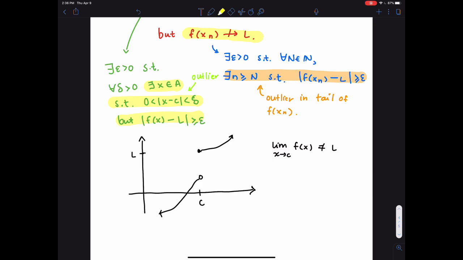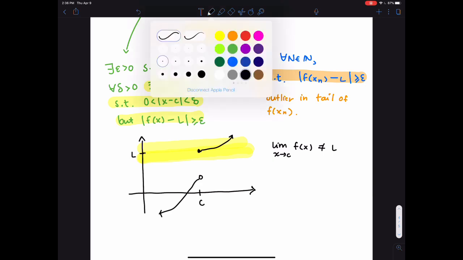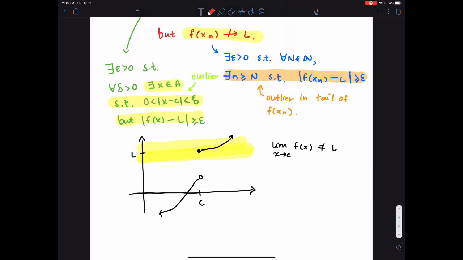And what that tells me is that I get this epsilon neighborhood such that no matter what delta I try to pick, so maybe here's my delta neighborhood, but this has to work for any delta.